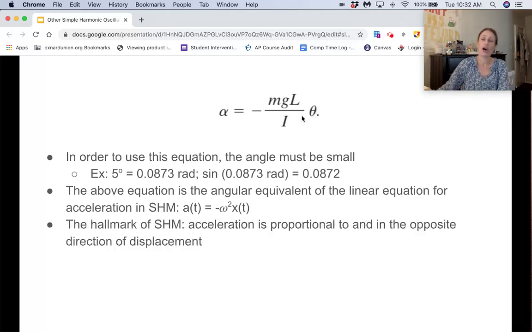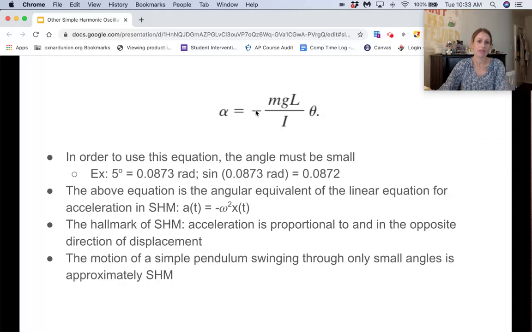So this is the hallmark of simple harmonic motion, that the acceleration is proportional to our displacement from equilibrium, and it's opposite the direction, which we have this negative right here. So hallmark of simple harmonic motion, we're proportional to displacement, but opposite in direction for our acceleration. And the motion of the simple pendulum swinging only through the small angle is approximately simple harmonic motion.